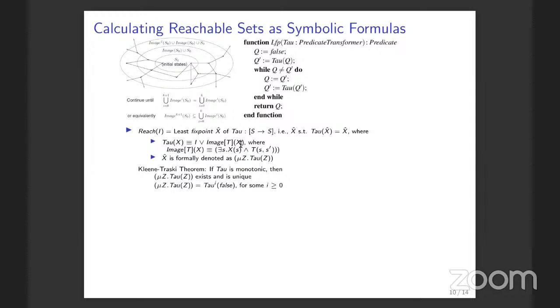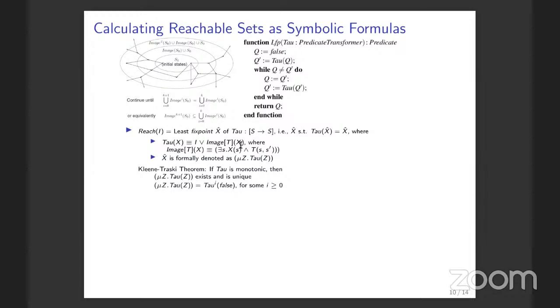See, it all depends on what you start with. In this case, you kick-started this ascending chain starting from false, which is what the Knaster-Tarski theorem states, to get the least fixed point.